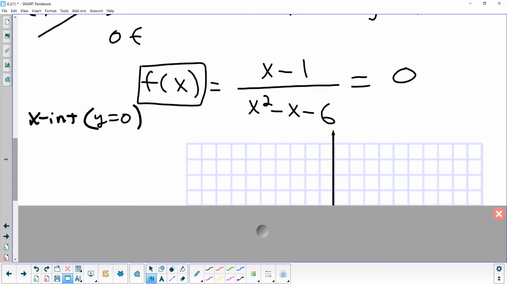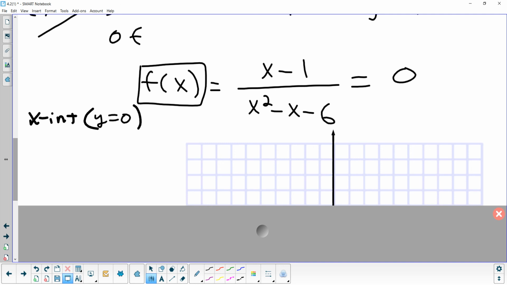And solve. There's only one way a fraction can ever come out to 0. What has to happen for a fraction to come out to 0? The top has to be 0. It doesn't matter about the bottom, unless the number that makes the top 0 would also make the bottom 0, then that's a problem.